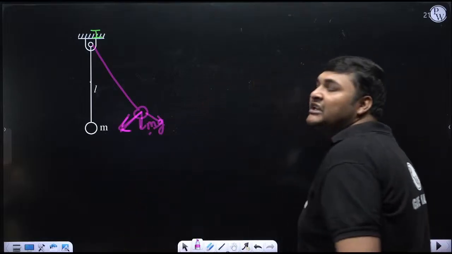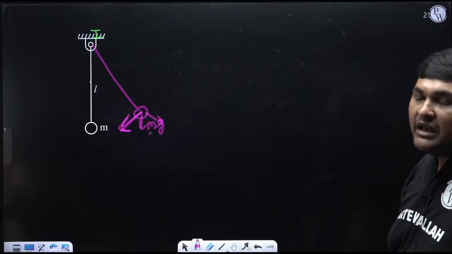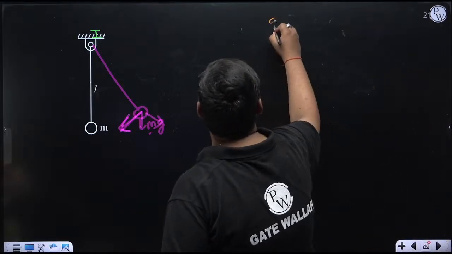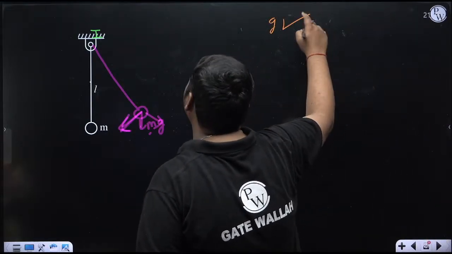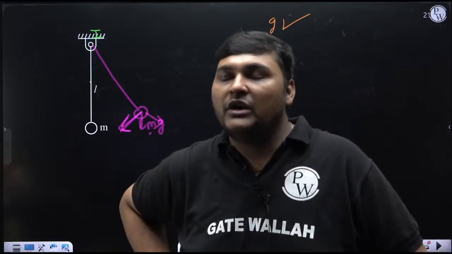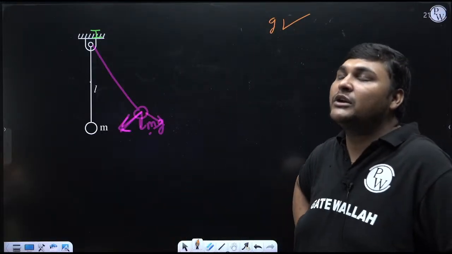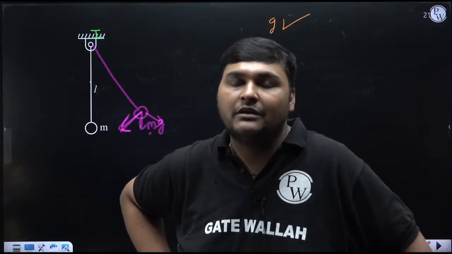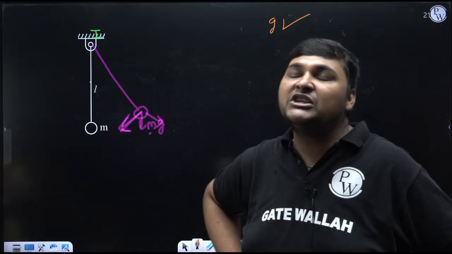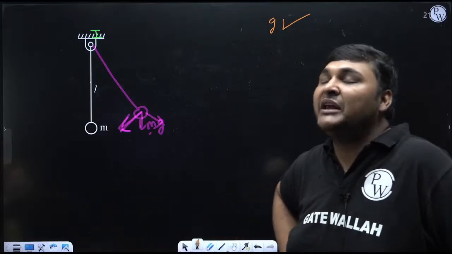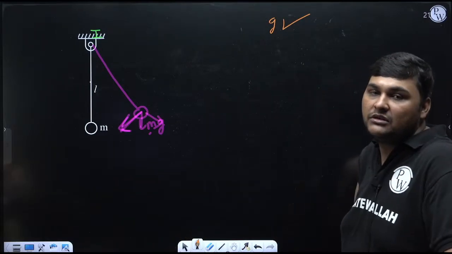Sorry, gravity is playing an important role in restoration. Since restoration is occurring due to gravity, here I am writing G, and in G I am taking a tick mark. Tick mark means restoration is also occurring due to gravity. So in such cases, whenever you derive the equation of vibration, we cannot ignore weight, because here weight is not cancelling with static deflection, because weight is playing an important role in restoration.